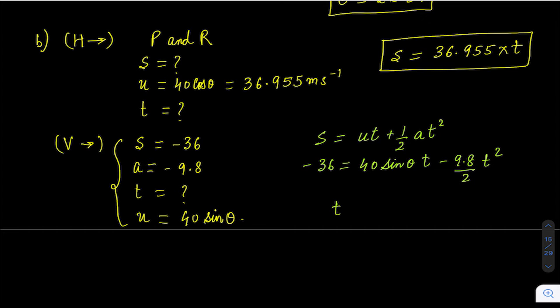Let's use our calculator and find the value of t. T will come out to be 4.694 seconds, because we know theta is 22.5 degrees. The only unknown in this equation is t. We are neglecting the other answer because that will be rejected.